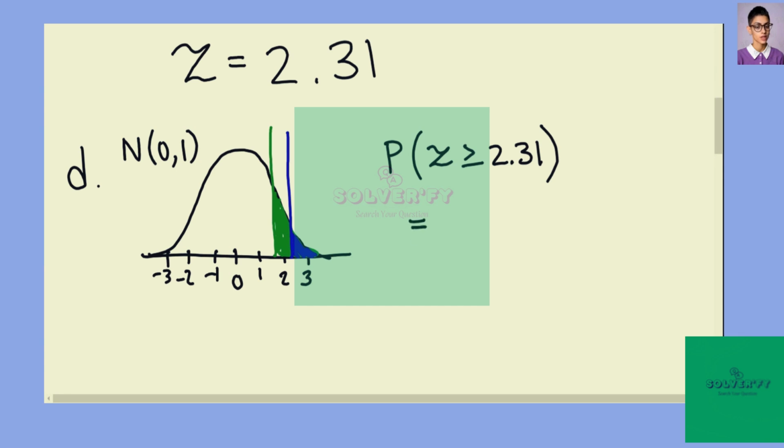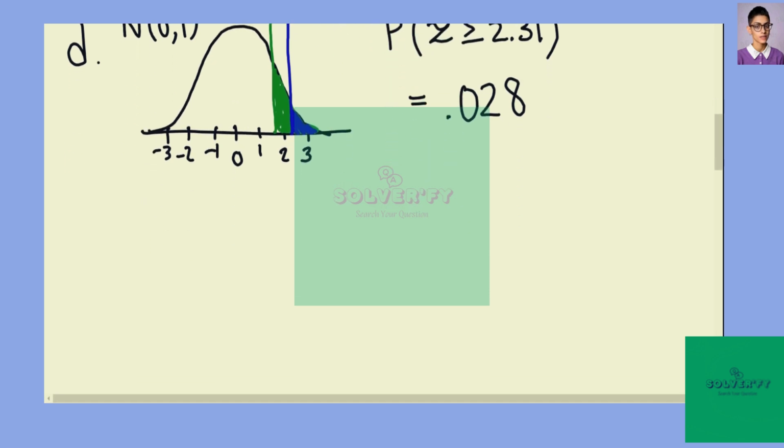If we put that in our calculator, we get a p-value of 0.028. So we'll write that down.